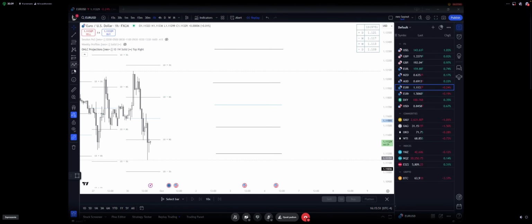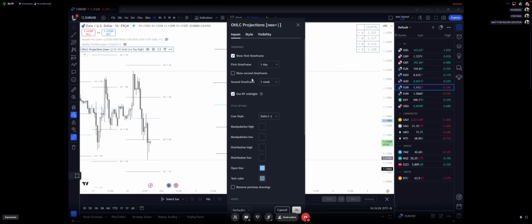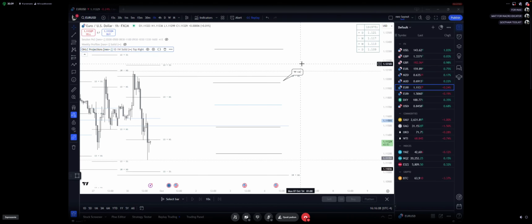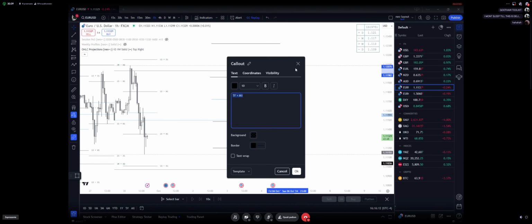Well, what the M means is just manipulation, and the one means that it's the first time frame that you have selected. So if you have the second time frame selected, it's going to say M2. So for the weekly, it's minus M2. Or wait, no, this one would be the minus M1.